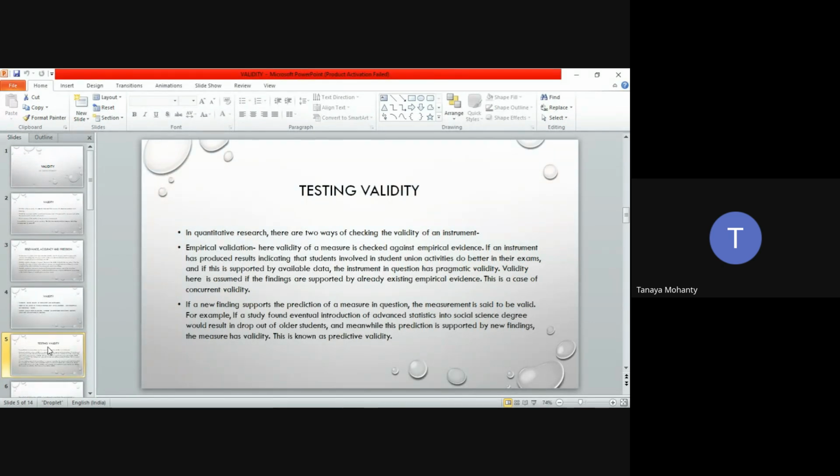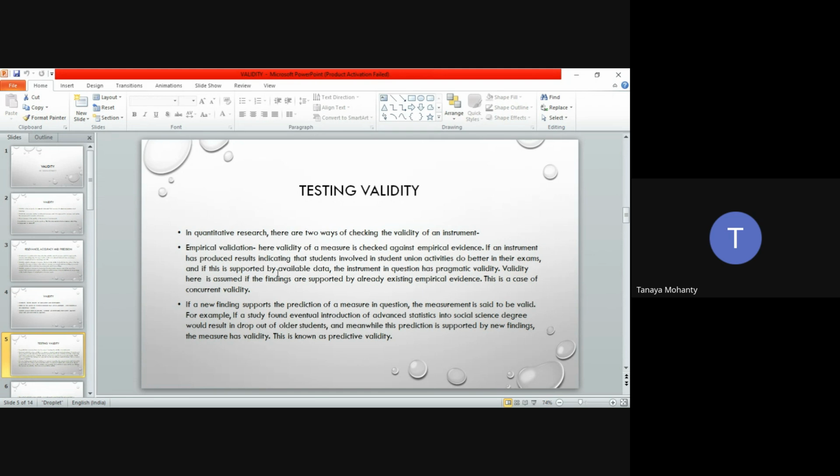In quantitative research, there are two ways of checking the validity of an instrument. And when I say quantitative methods, basically I refer to quantitative methods used in social sciences. So the first one is empirical validation. Here, the validity of a measure is checked against empirical evidence.